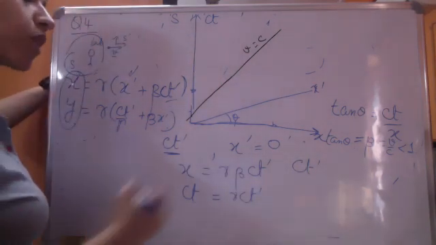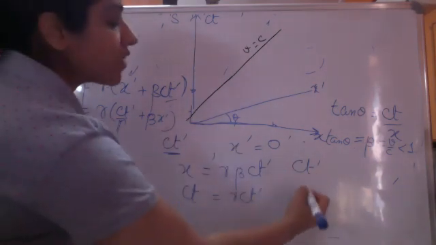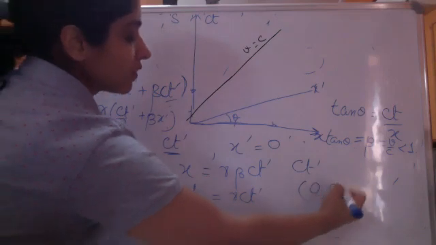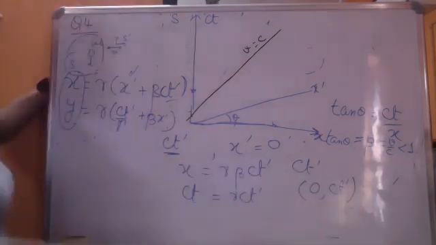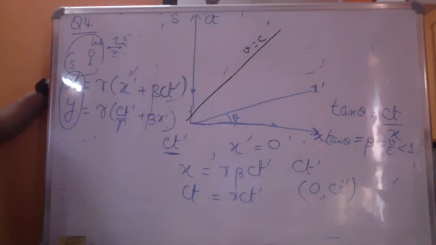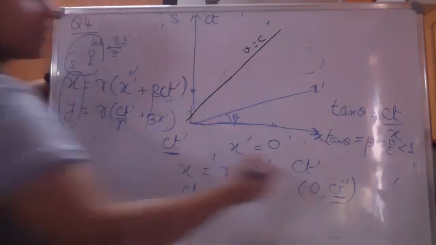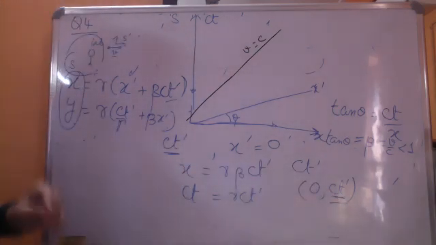Why? Because ct prime would represent world line of a particle which has coordinates 0, ct prime. Since this particle is at rest with respect to frame S prime, it continues to remain here. And with respect to S frame of reference, it has a constant velocity v.